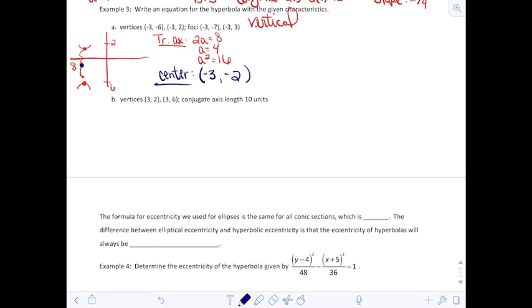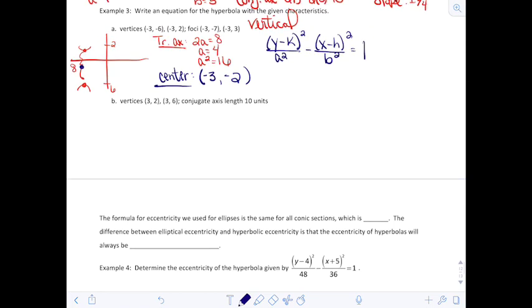So I can start writing this equation. I know that my transverse axis is vertical, so I'm going to fill in this template: (y minus k) all squared over a squared minus (x minus h) all squared over b squared equals 1. So I'm going to plug in my center and my a squared right now.